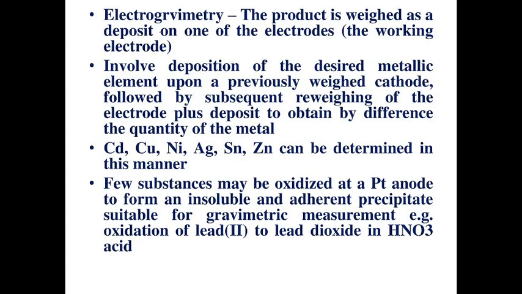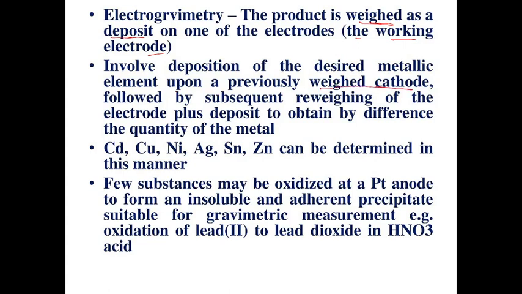As we have already discussed, in electrogravimetry the product is weighed as the deposit. How much material is deposited is weighed, and it is known as electrogravimetry. Which electrode is responsible for depositing? It will be the working electrode. So the desired metallic element is deposited upon a previously weighed cathode.